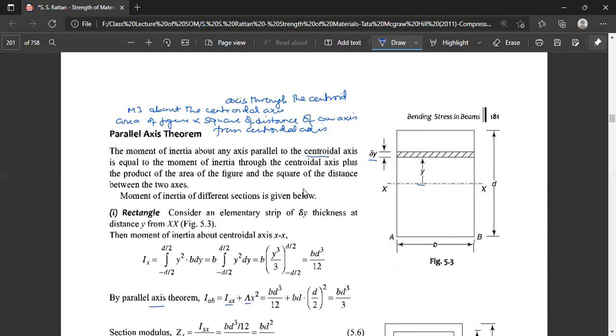This is the parallel axis theorem. First of all, we have to find the moment of inertia about the central axis, which we have calculated here.